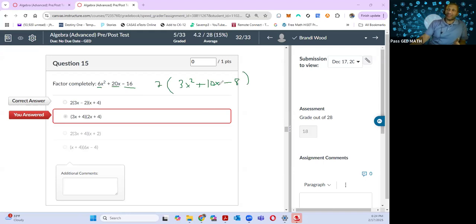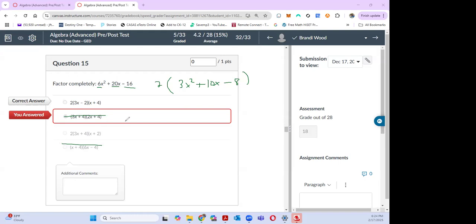Now, factoring this can be very difficult. So in my mind, if you already know you factored out a 2, you already know it can't be B and it can't be D because you've already factored out a 2, right?